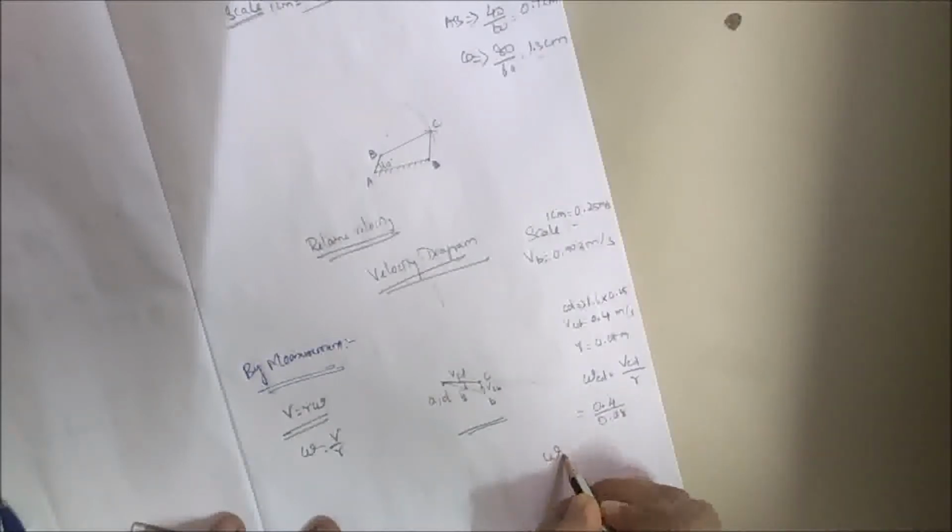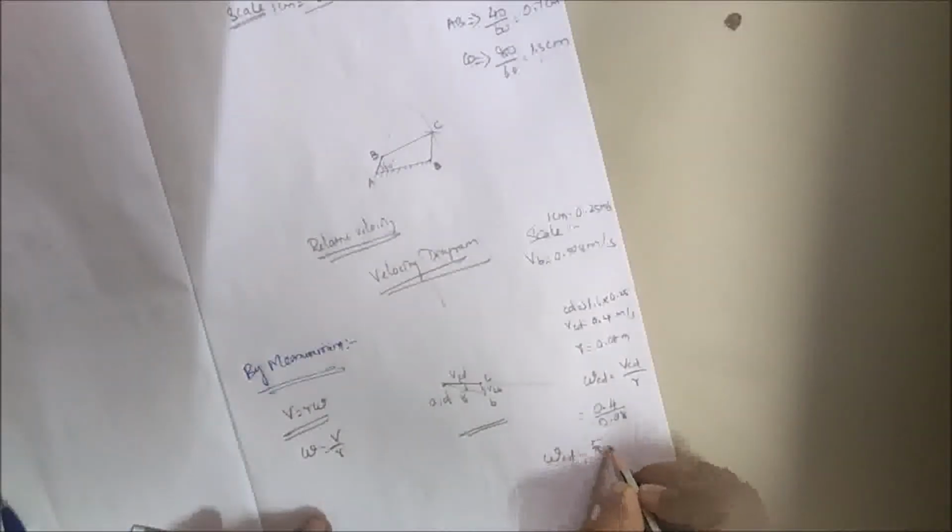The omega CD value is going to be 5 radian per second.